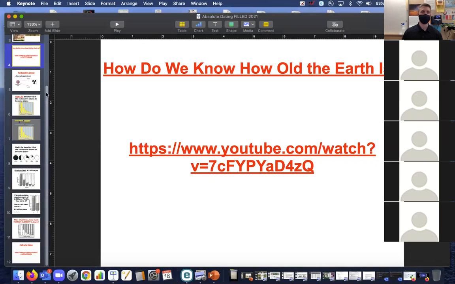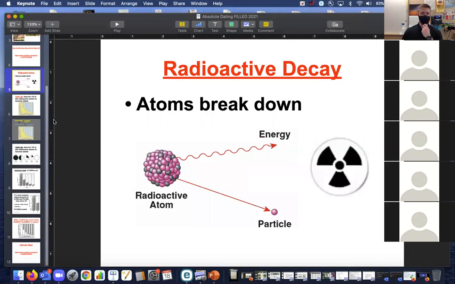One of the things that allows us to figure out how old really old things like rocks and the Earth and all that are is the property of radioactive decay. So if there's a radioactive isotope that is unstable, it will give off radiation. Radiation is just a form of energy. It gives off that energy. It also gives off particles from the nucleus, like protons.